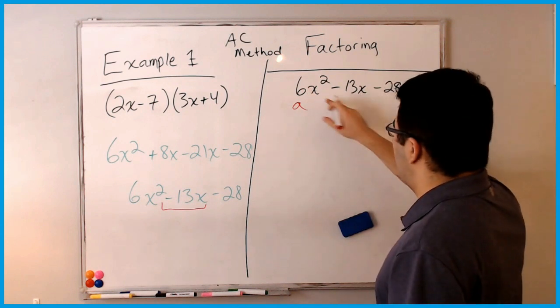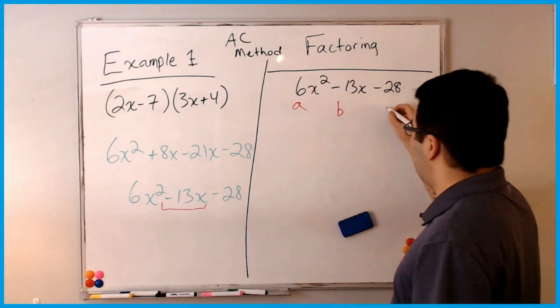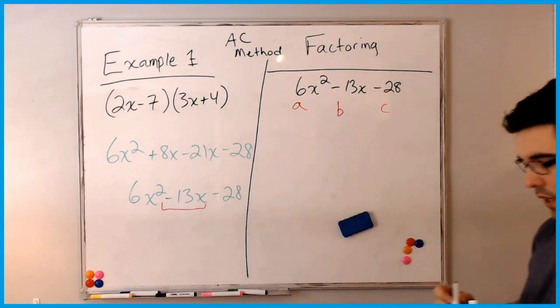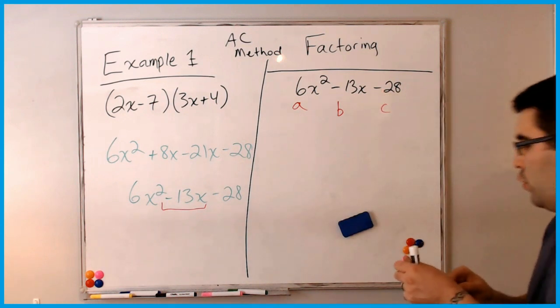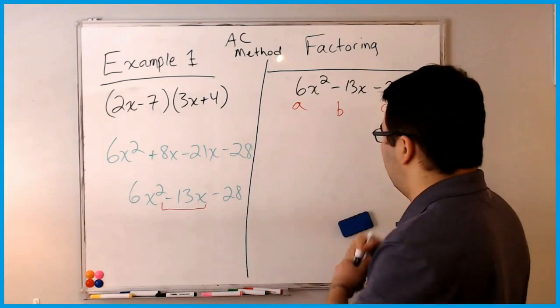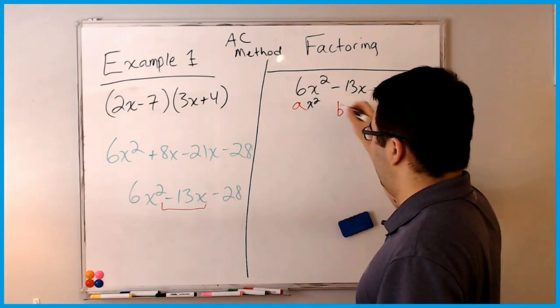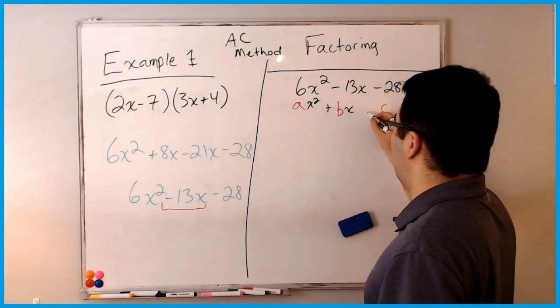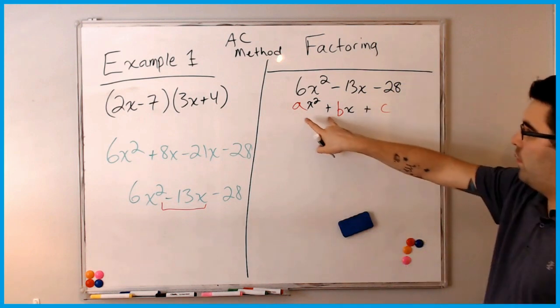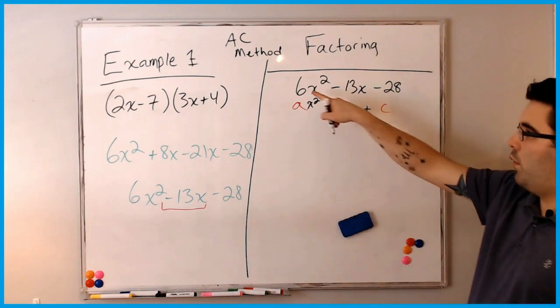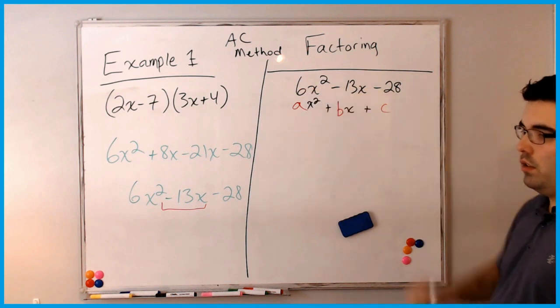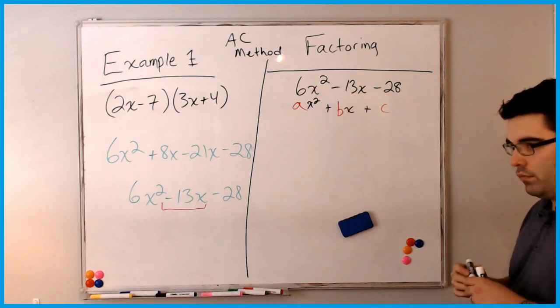B is lined up with the minus 13. C lines up with the minus 28. It refers to the numbers. X squared is already there in standard form. X is already there in standard form. The A, the B, the C refer to the numbers, not the variables.